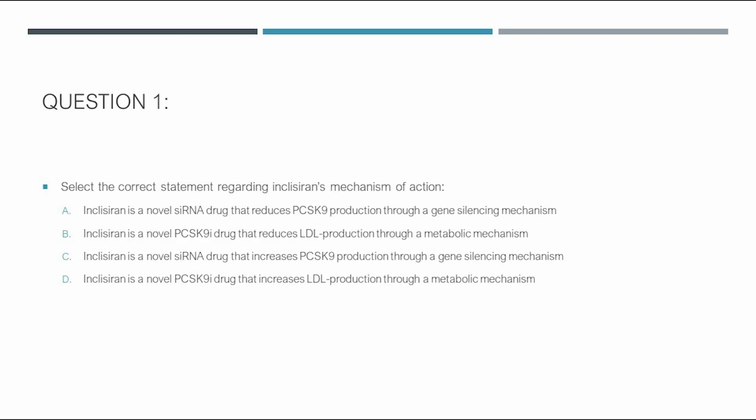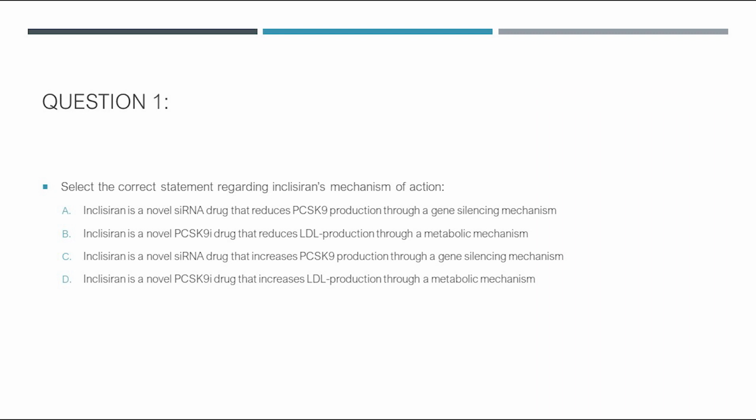So let's now take a look and review a couple of wrap-up questions before we close things out for the CE. So our first question is, select the correct statement regarding Inclisiran's mechanism of action. Is it a novel siRNA drug that reduces PCSK9 production through a gene silencing mechanism?